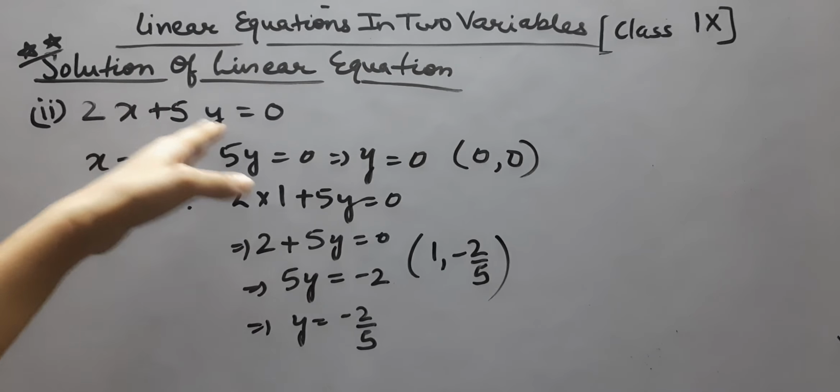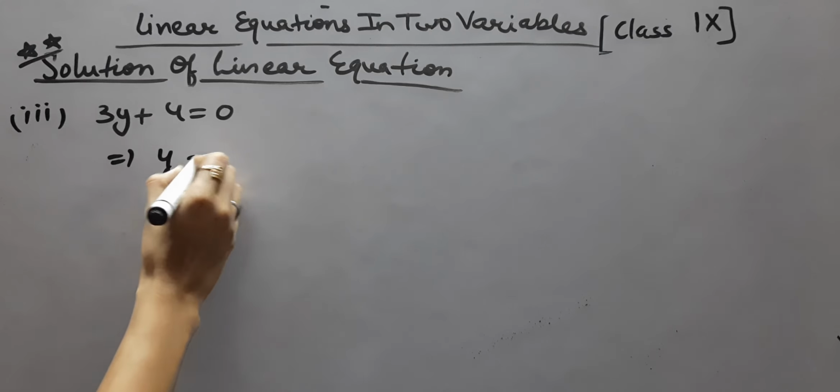Now let's see the last example for today. 3y plus 4 is equal to 0. Now here I can see that the coefficient of x is 0. There is no x here. So this is simple.